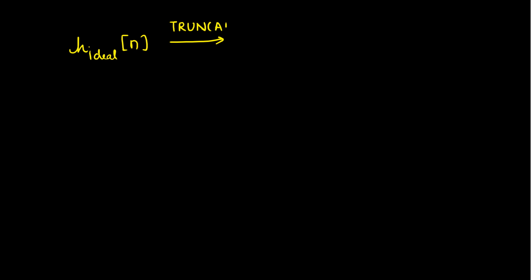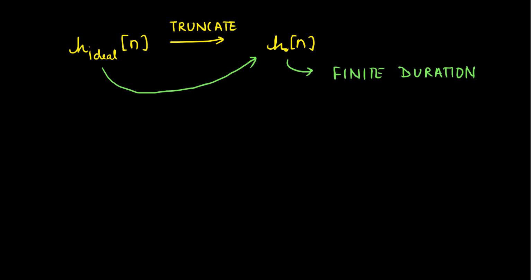We truncate this ideal filter to obtain a filter, say h of n, which is of finite duration. By this truncation, we can convert this infinite duration system to a finite duration system, and we say that this truncation is a symmetrical one.